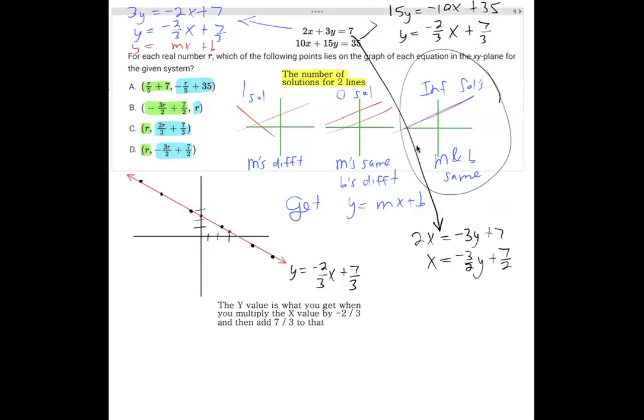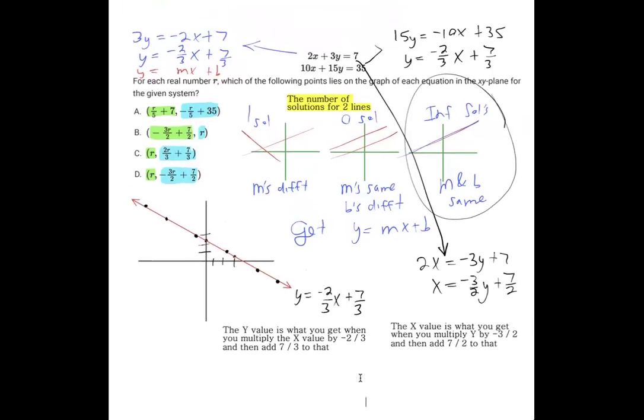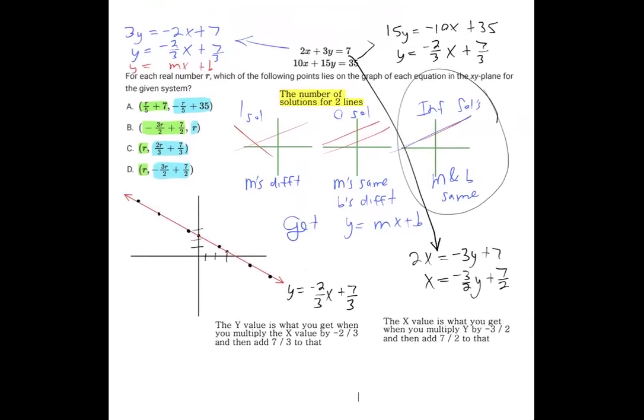Now let's do the same statement, but for x. The x value is what you get when you multiply y by negative 3 over 2 and then add 7 over 2 to that. And that's our verbal statement for x. So we're kind of ready for however they give it to us.